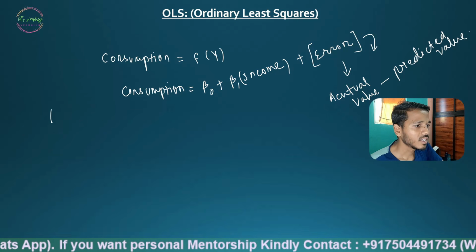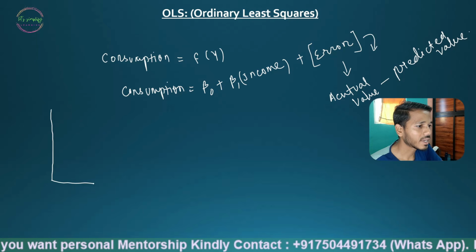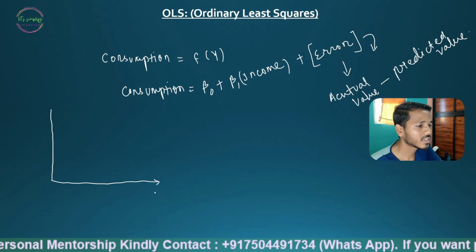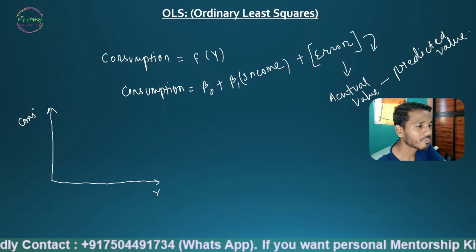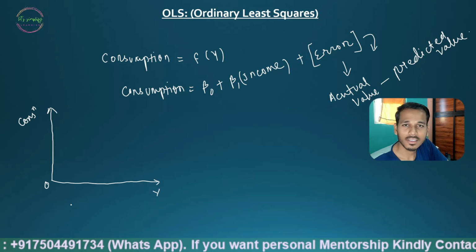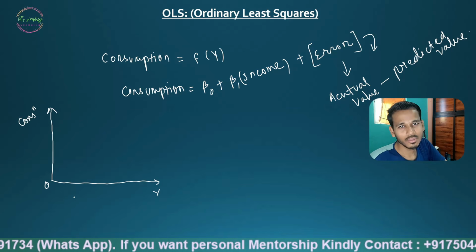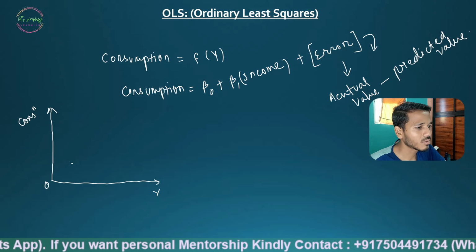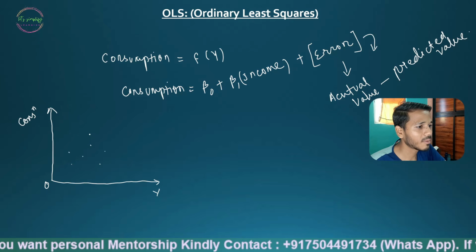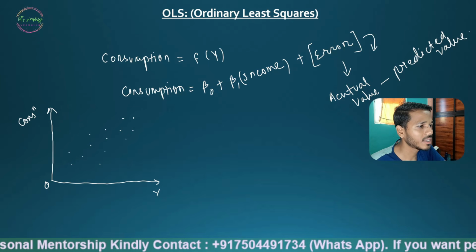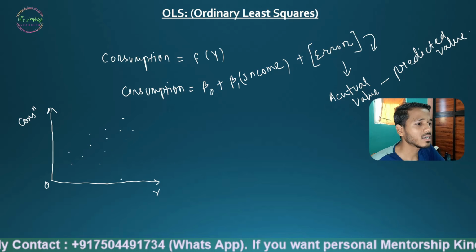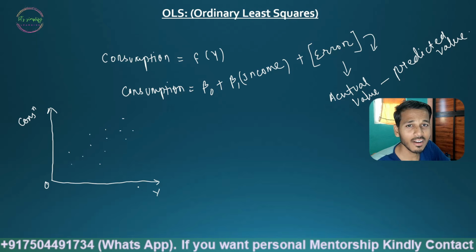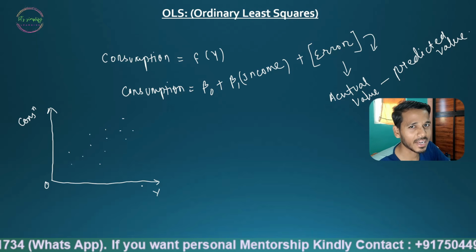Let's say this is a simple diagram. This is your income Y and this is your consumption on the x-axis. You put all the values and it gives you the actual data points. These are the actual values, and you have to fit a line, that is the best fit line.